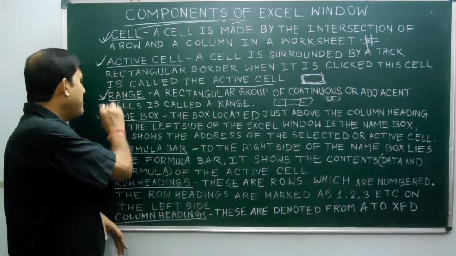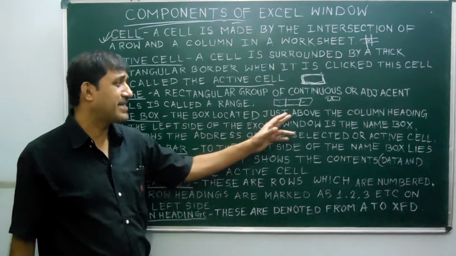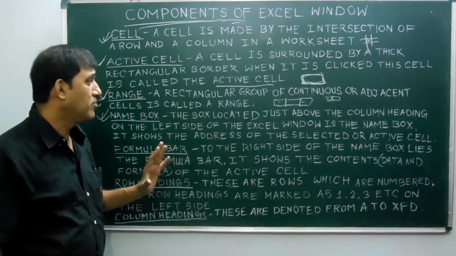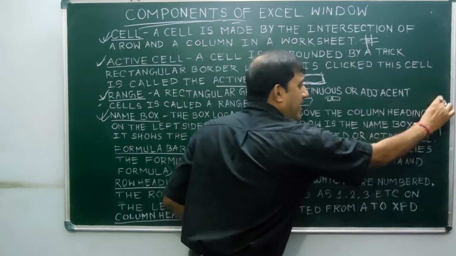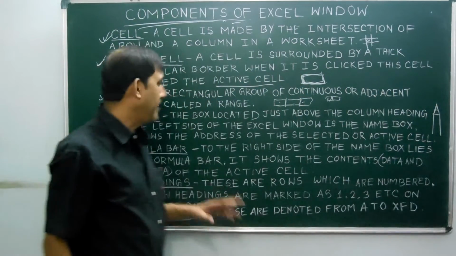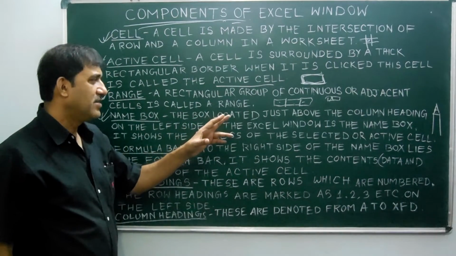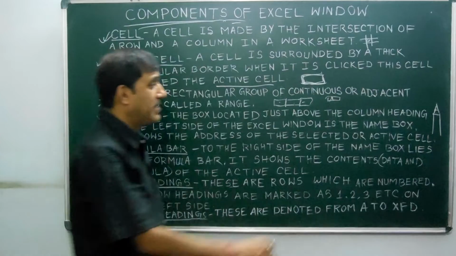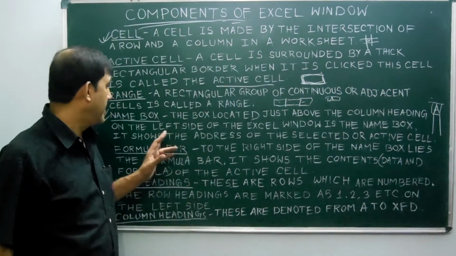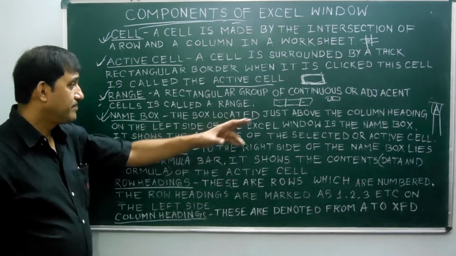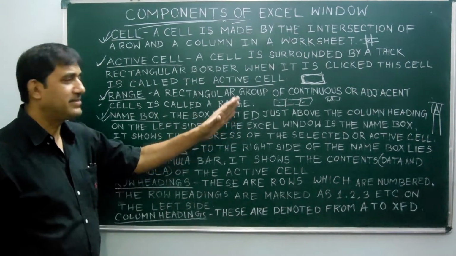Next, the name box, which is very important. The name box is the box located just above the column heading. Column headings are these, suppose A. So the box is located just above the column heading, on the left side of the Excel window.